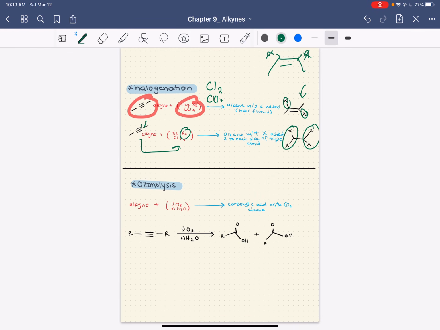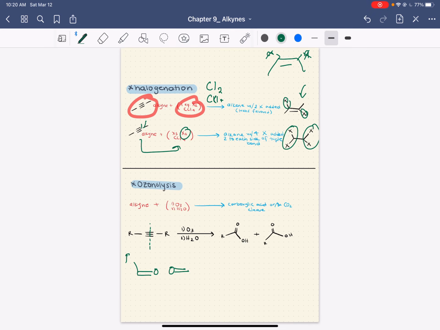Now, for the second to last reaction, we can also do ozonolysis of alkynes. When treated with ozone followed by water, alkynes can undergo oxidative cleavage. What this means is we're pretty much cutting up this triple bond. When we cut up this triple bond, we fix each end with an oxygen.